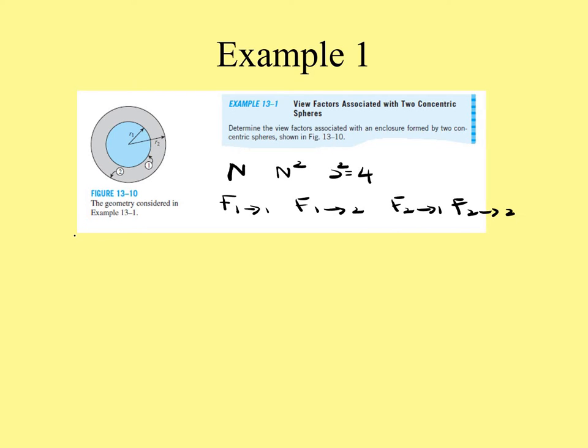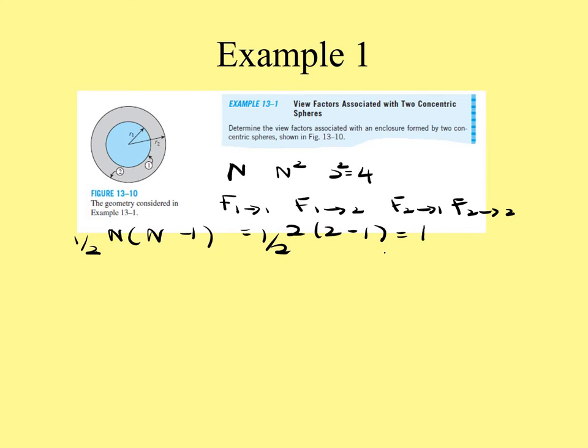We use that to calculate 1 over 2 and n minus 1, so basically it will equal 1. From this expression, one view factor out of the 4 we can directly determine.